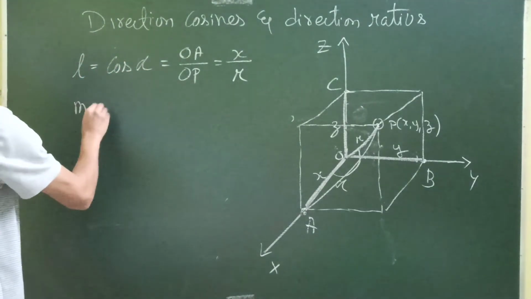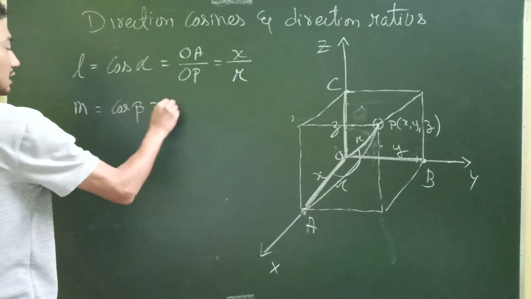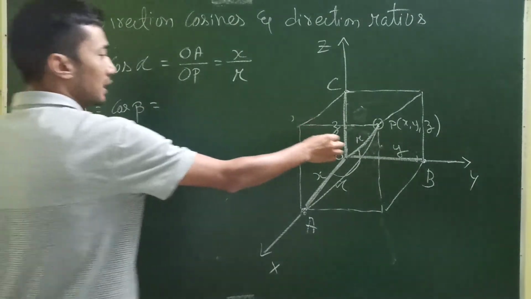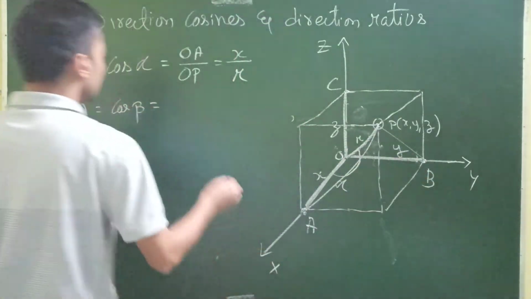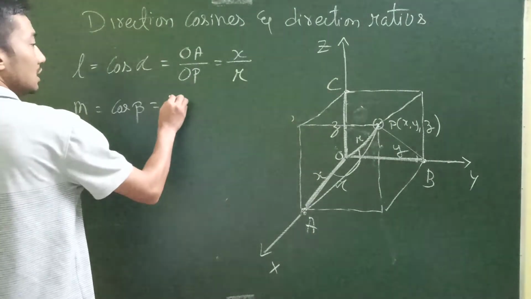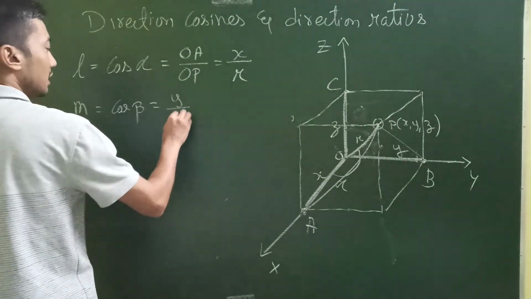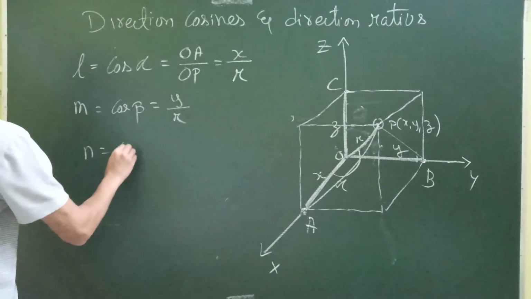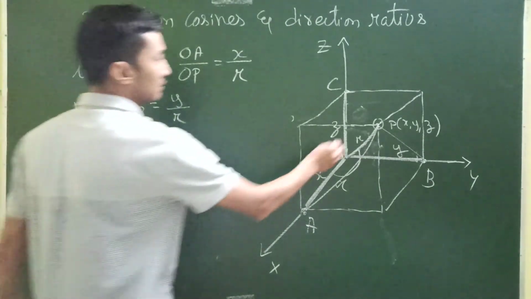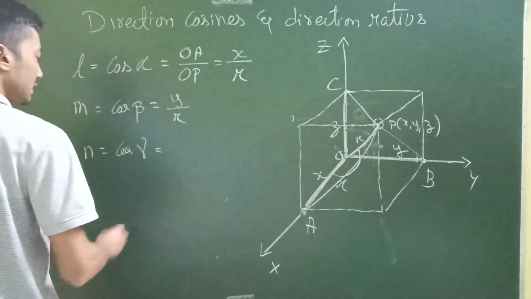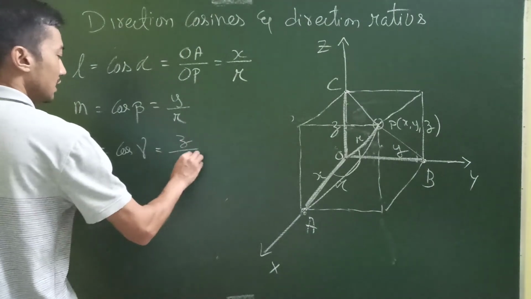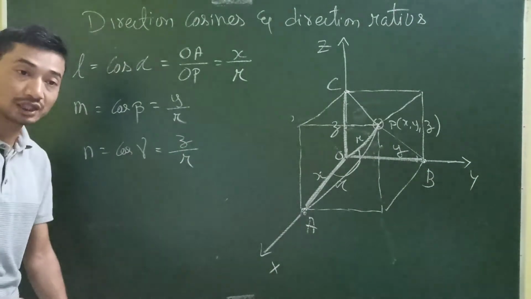Similarly, M will be cos of beta, with respect to triangle OP, where I have to join B now. That is Y by R. Similarly, N will be cos of gamma, for which I join OP and C, so that is Z by R. This is how we find the direction cosines.